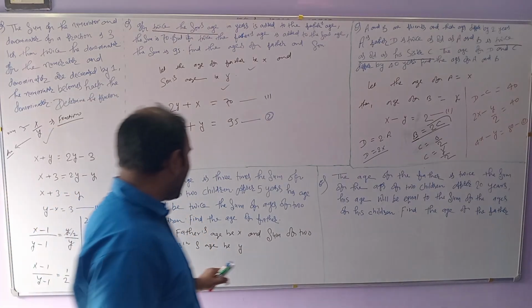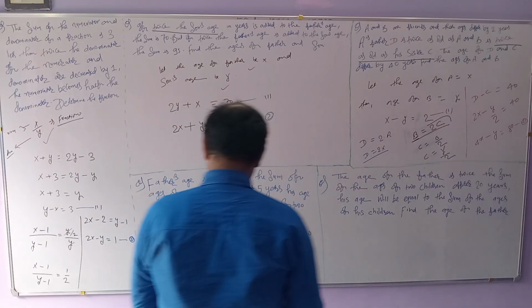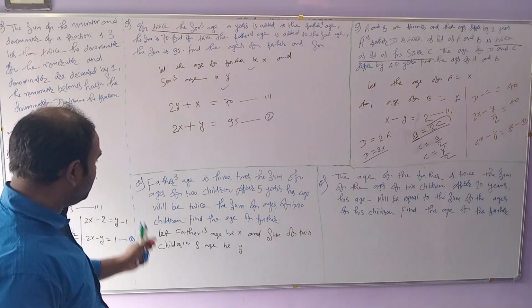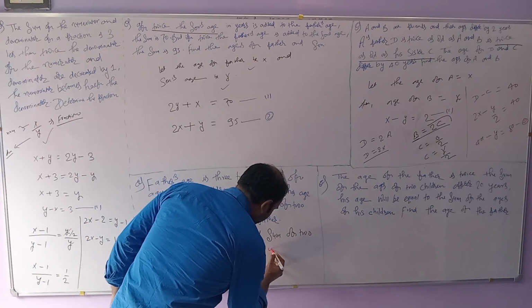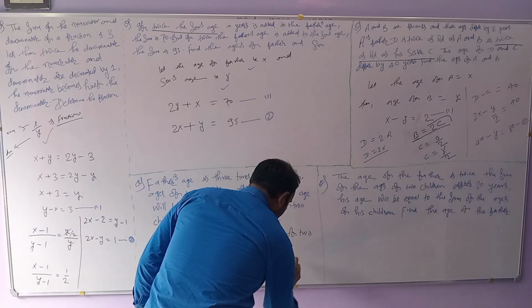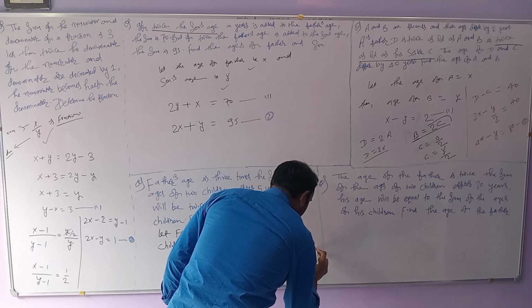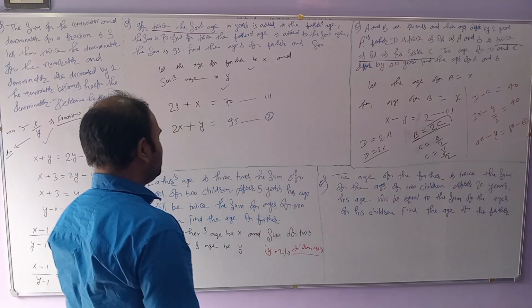Otherwise, we can also write the children's ages as y and y plus 2.